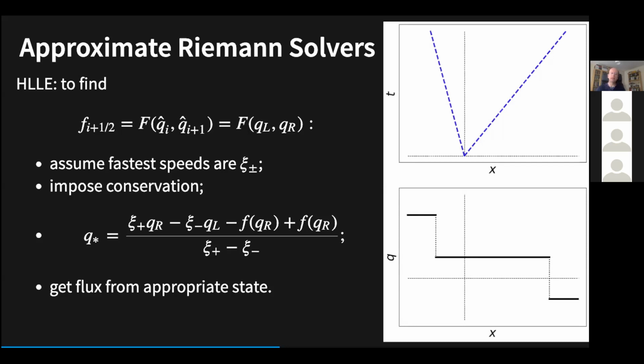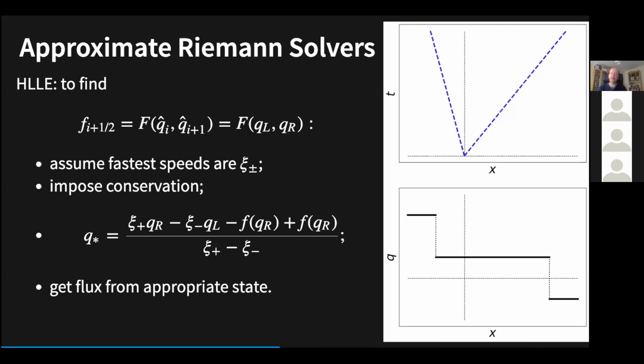And finally, it's linked to positivity preservation. Quantities like density should remain positive at all times, and when tied to an appropriate update scheme, HLLE ensures that positivity of density and energy is preserved.